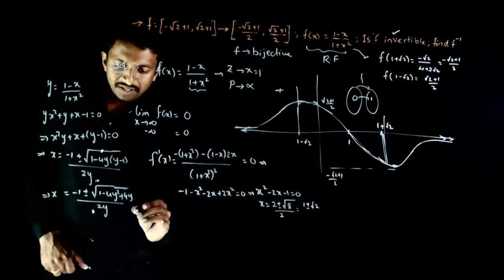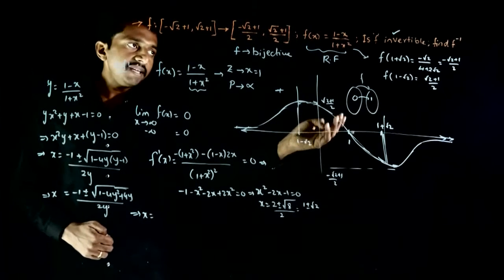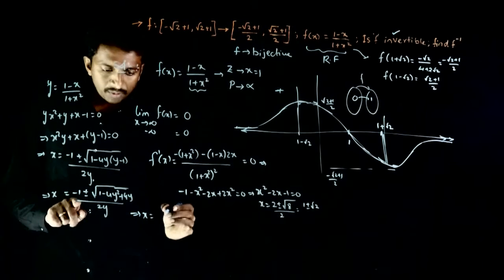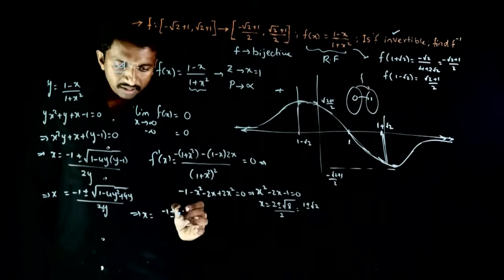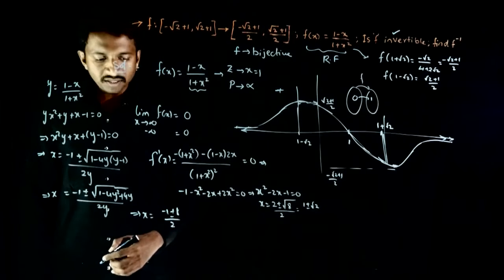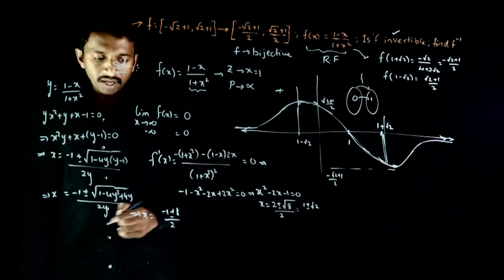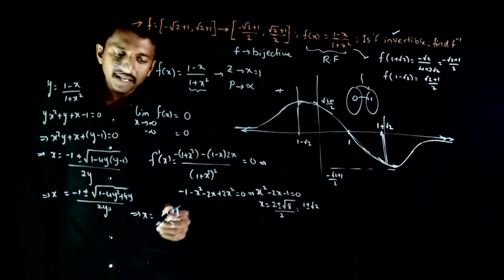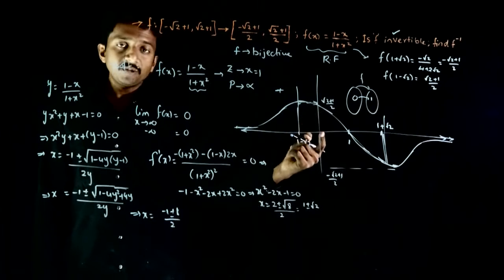So let us try to see, when y is 1, x has to be equal to 0. 1 पुट कर लीजिए. So आपको minus 1 plus or minus root of 4 plus 4 कैंसिल हो जाएगा, root 1 is 1 by 2 into 1 is 2. So minus 1 plus 1 by 2 किया तो x equal to 0 आ रहा है क्या? minus 1 minus 1 by 2 किया तो x equal to 0 आ रहा है. So you can very clearly see that when y is equal to 1, x has to be equal to 0.